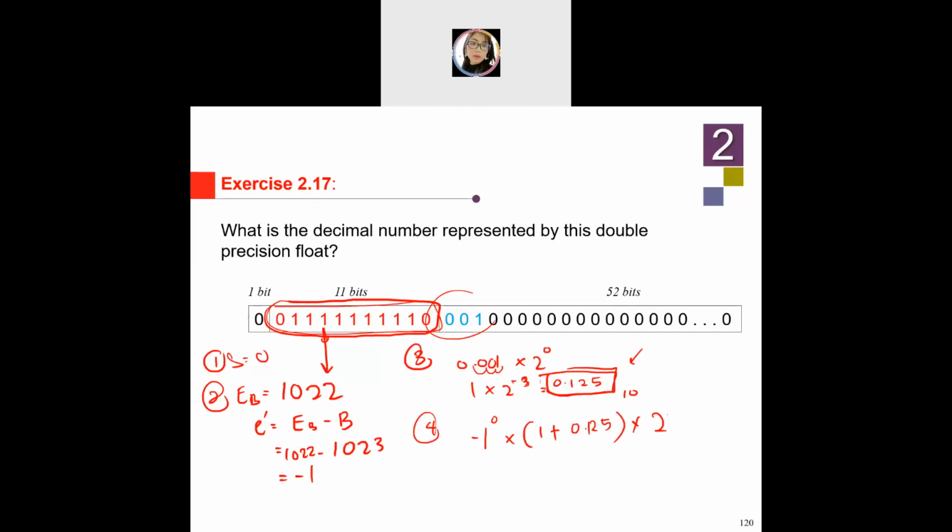E prime kita -1. Is it correct, my format? Correct, Yes, Doctor. Okay, then you try to solve it. The most important is the step. If you know already the step, whether it is a single precision or double precision, you can answer it.